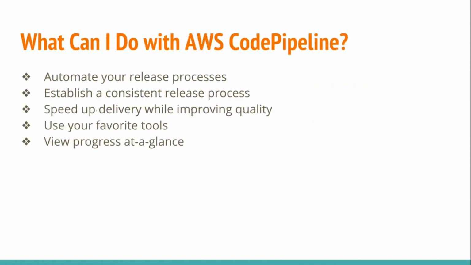So what can we do with AWS CodePipeline? We can automate the release process, establish a consistent release process, and speed up our delivery while improving quality.